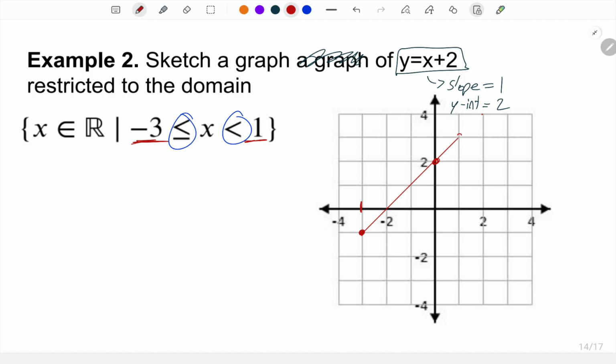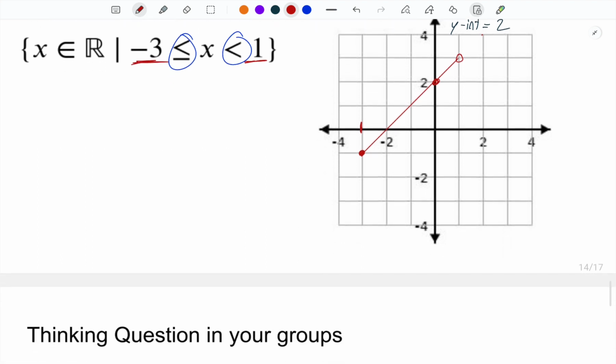So we're going to do an open dot there, which means we get close to 1. We get up to like 0.99, and then the graph stops before it actually gets to 1. And so there we've now drawn the graph of y equal to x plus 2, but on that specified domain. All right, and that's a look at domain and range based on graphs.